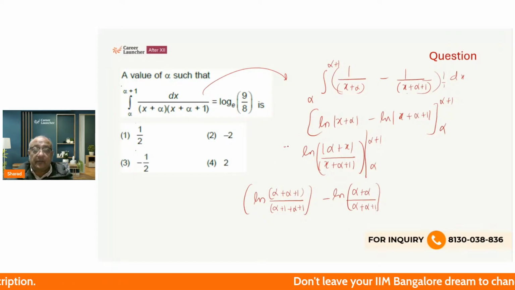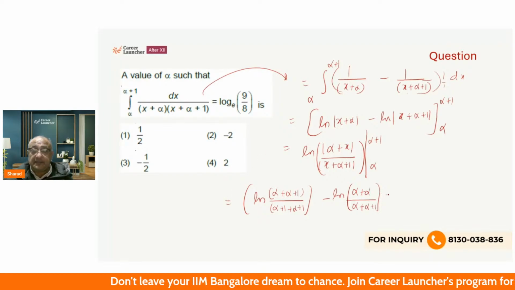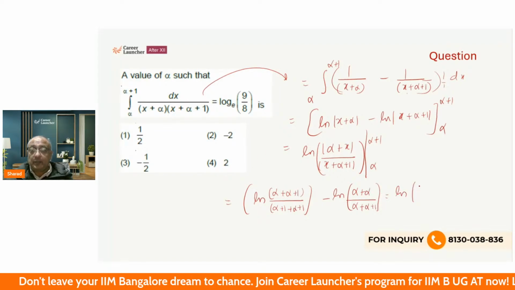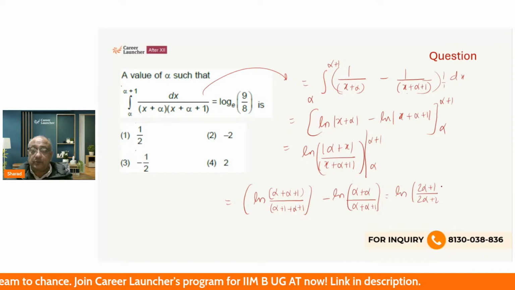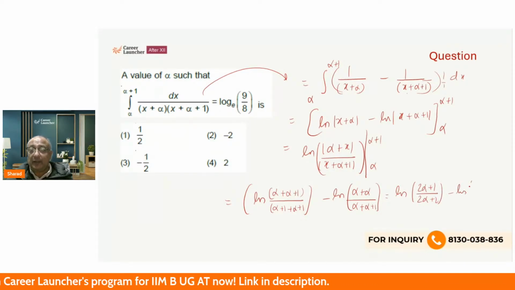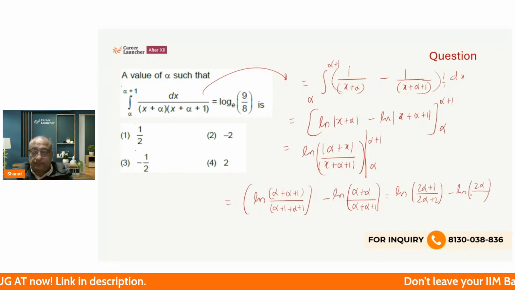So this is the value of I. This is equal to ln of (2 alpha plus 1) upon (2 alpha plus 2) minus ln of 2 alpha upon 2 alpha plus 1.